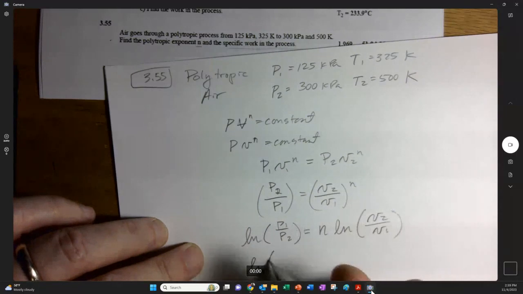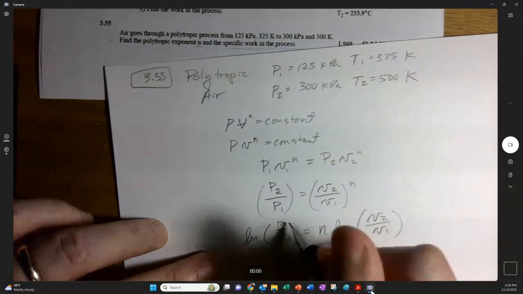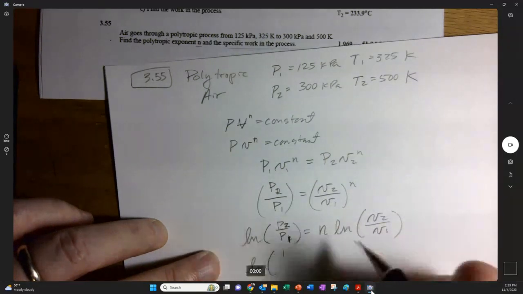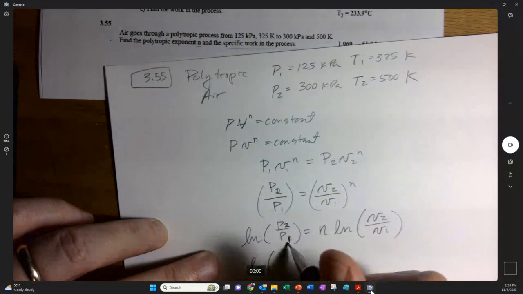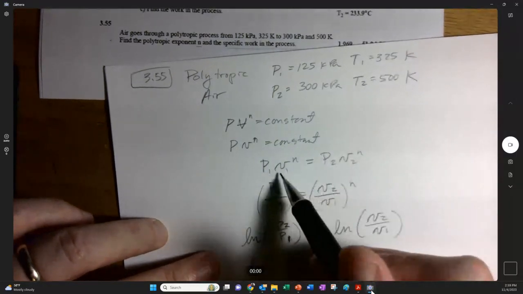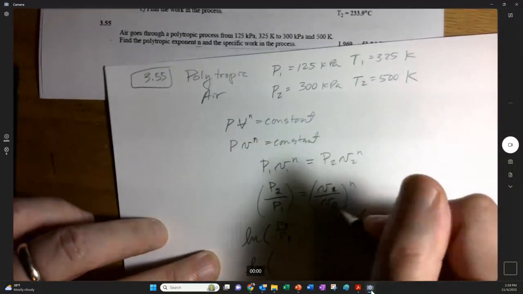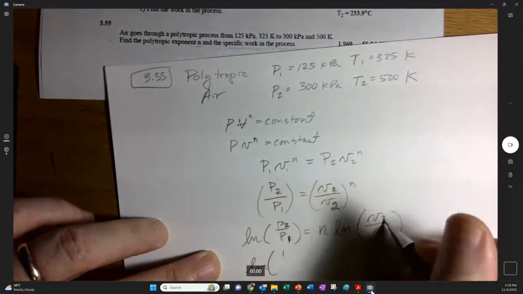What is this? These are all absolute values, so that's a good thing to check. So we have 2 over 1. I'm going to double check that. I think I screwed it up. I did. My bad. Could have just stuck with the other one.